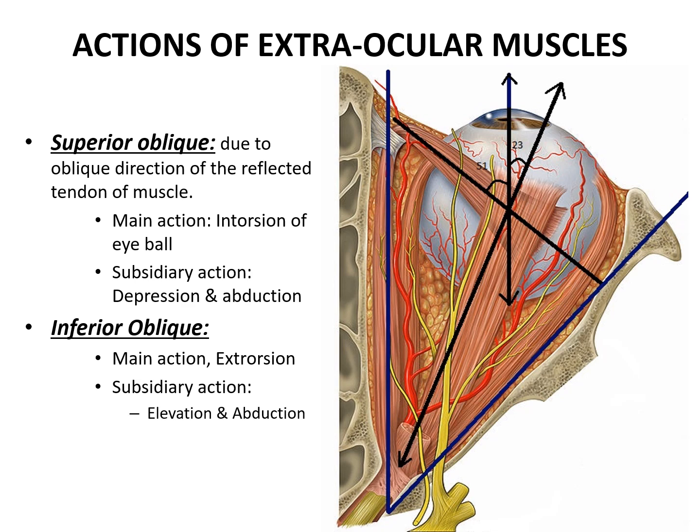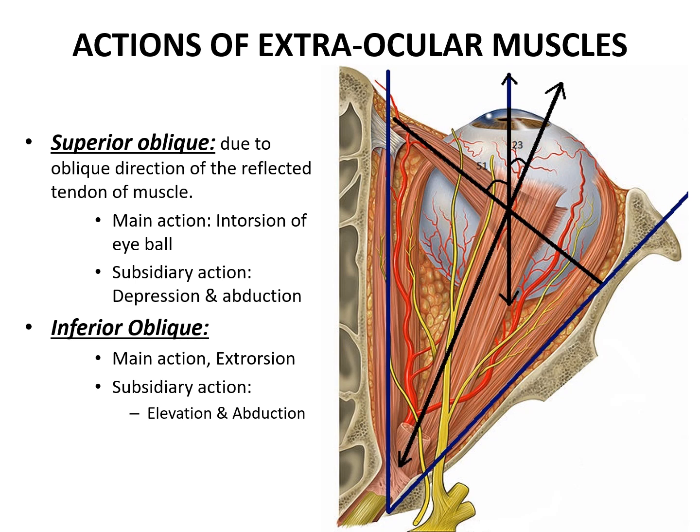As the superior oblique forms an angle of 51 degree with the anterior posterior axis, the main action of the superior oblique in the primary position is intorsion, and subsidiary actions are depression of the eyeball and abduction.